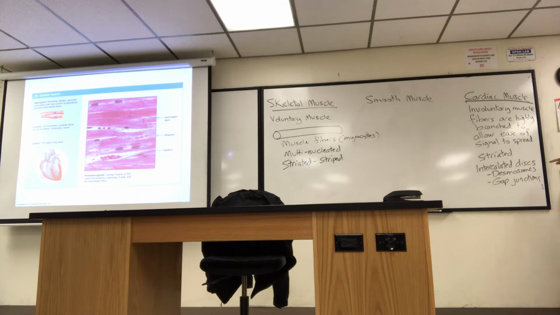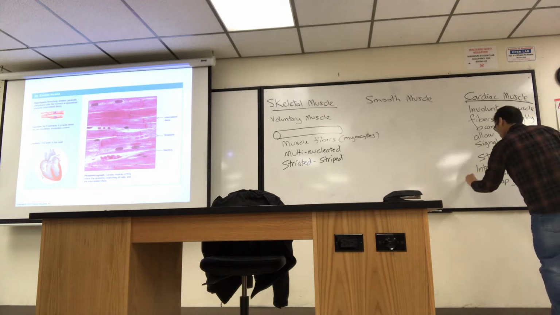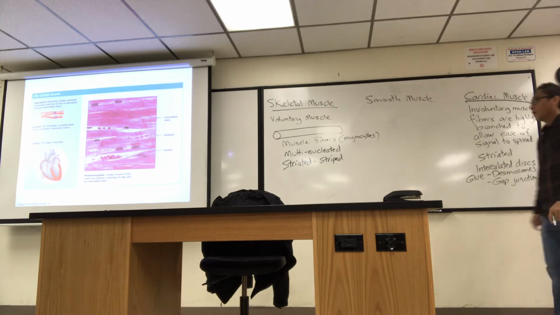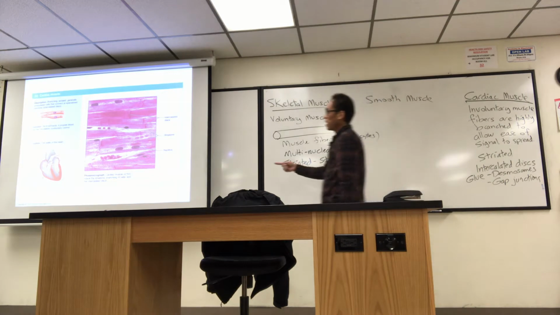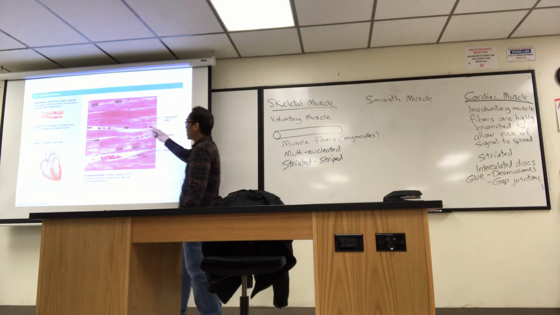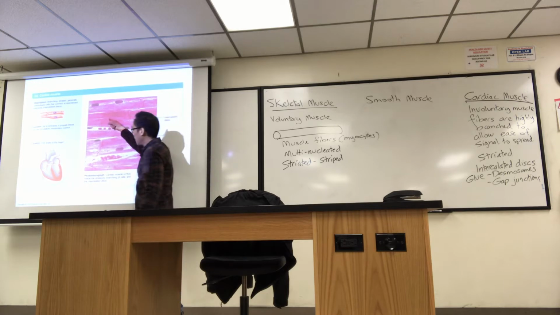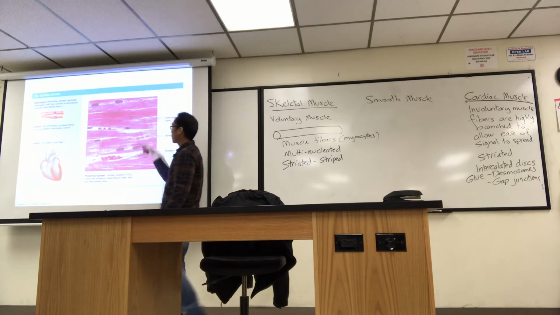The desmosomes, they're like a glue. Within these intercalated disks, they have a little zigzag design. You can't see it at this magnification, but within there are the desmosomes and gap junctions. Any little dark band is intercalated disks.